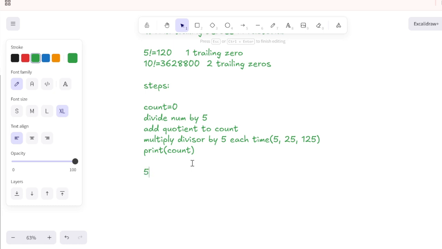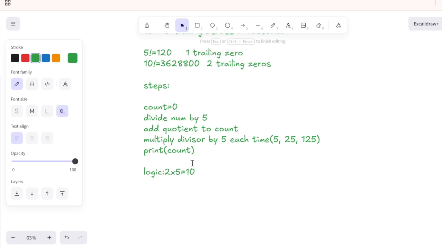So that's why we are using 5 here. While coming to the logic, every zero comes from 2 into 5 equal to 10. Since there are always more 2's than 5's, count only the number of 5's in the factorial, which becomes easier for you to write the code.